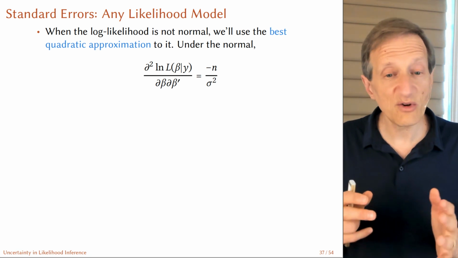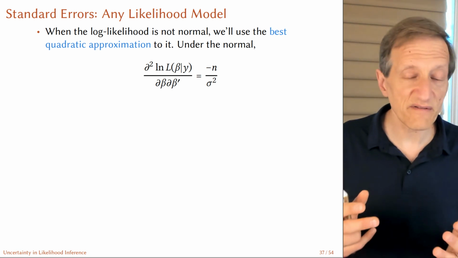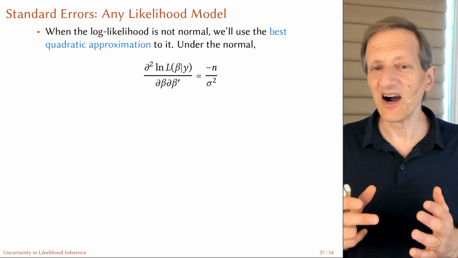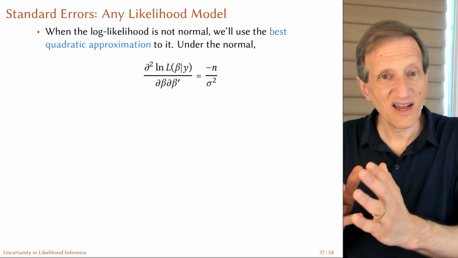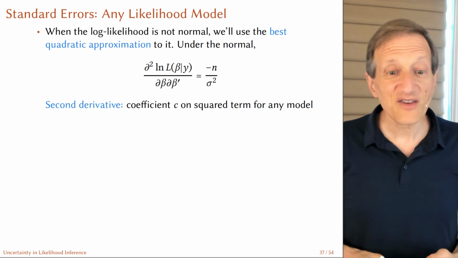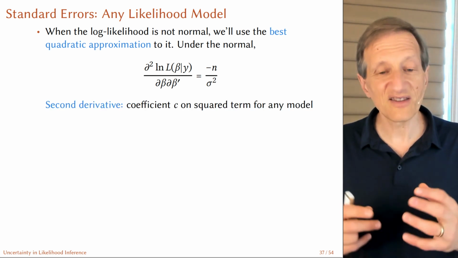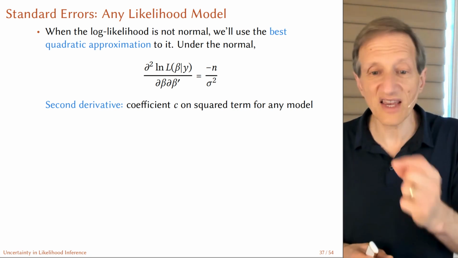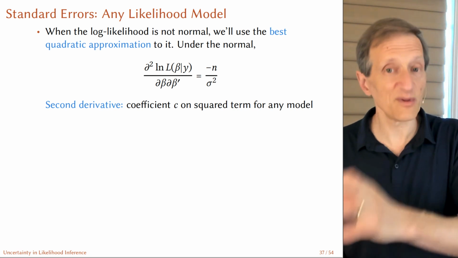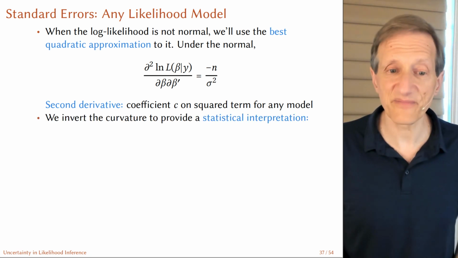So what we do is we take the second derivative of the log likelihood with respect to beta twice, and we get that term which we're calling the curvature. The second derivative is exactly the coefficient c on the squared term on beta for any model. For the normal, it's exact. For other models, it's approximate.